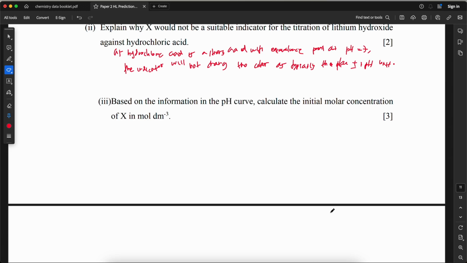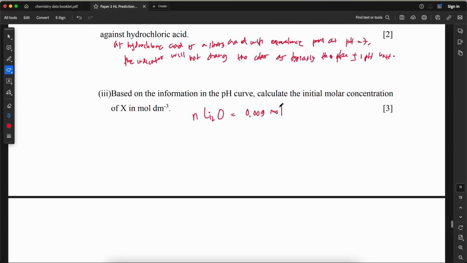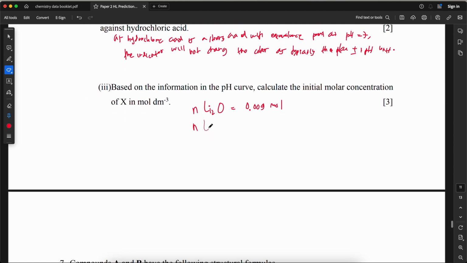Based on the information and the pH curve, calculate the initial molar concentration of X in mole decimeter cube. So n Li2O, it's 0.009 mole at equivalence point here, okay? So it's around 9. So n LiOH equal to X, which is 2 n Li2O, so 0.018 mole.